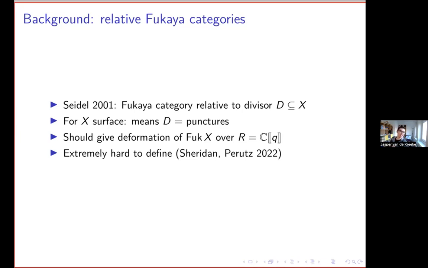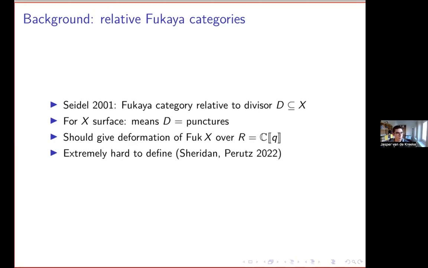Seidel in 2001, who is one of the great men behind making Fukaya categories rigorous, introduced the idea of taking a Fukaya category relative to a divisor in X. If X is a surface for me, which means a real surface, so think one complex dimension, two real dimensions, then D is zero-dimensional.